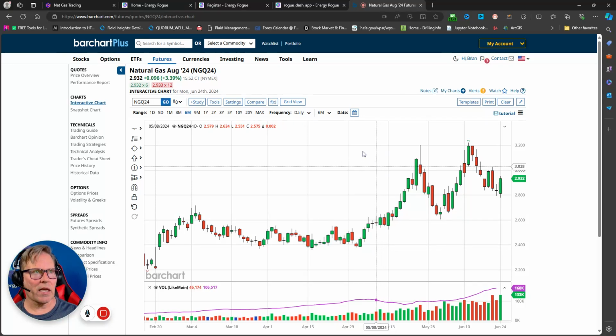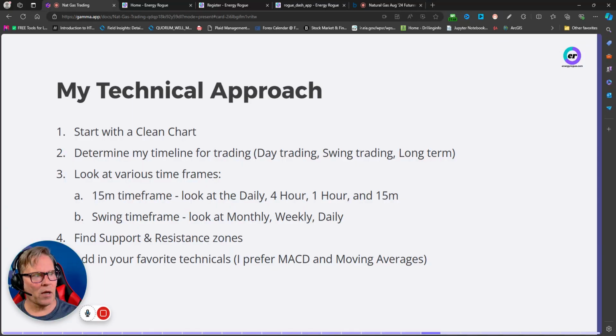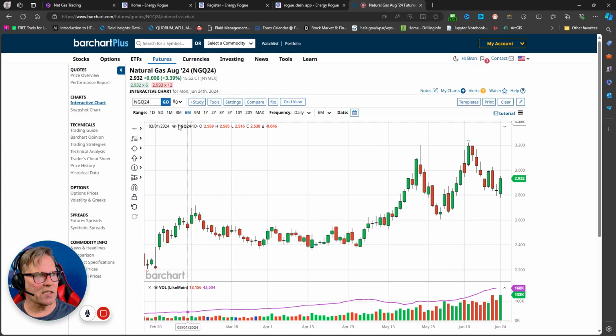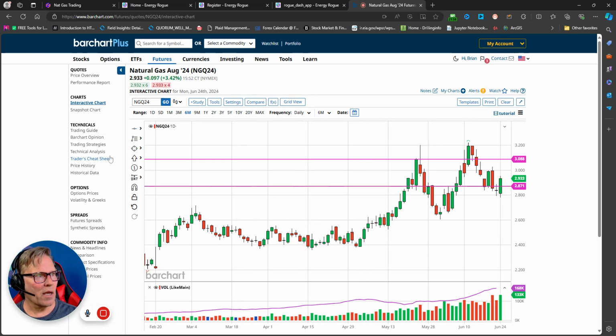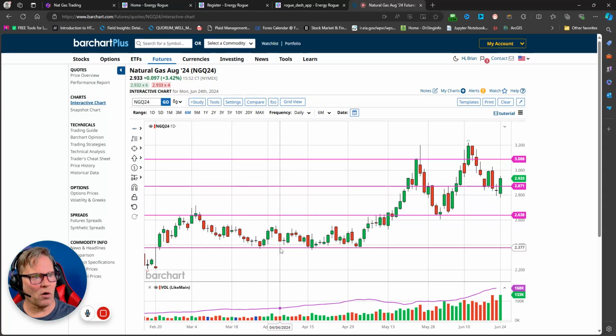I'm not going to go into the different time frames, but let's take a quick look at finding support and resistance zones. Here's where you go through and look at areas that have support and resistance, and you will start to see patterns emerge when you're putting these on the chart. We stayed pretty much in this range right here from 263 to 237 for a while.